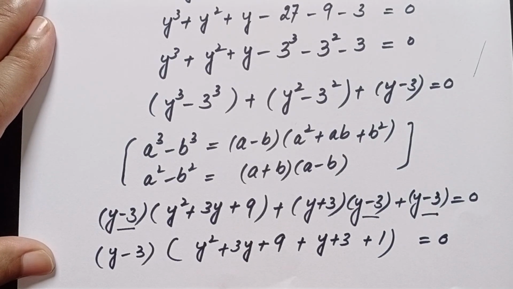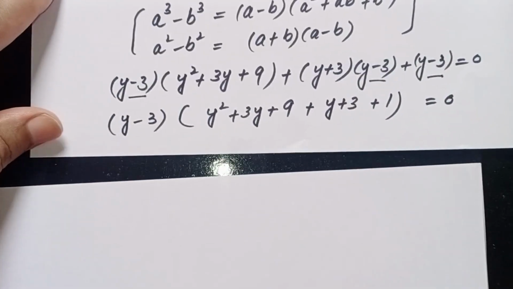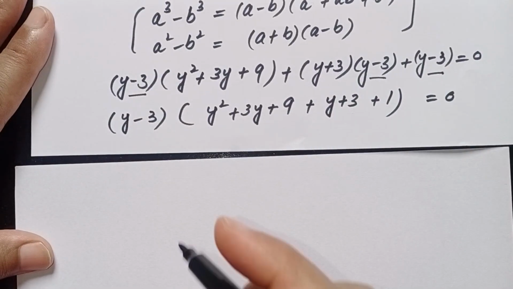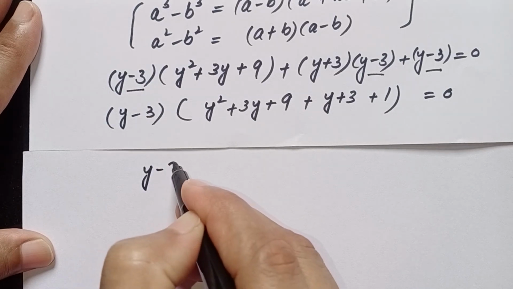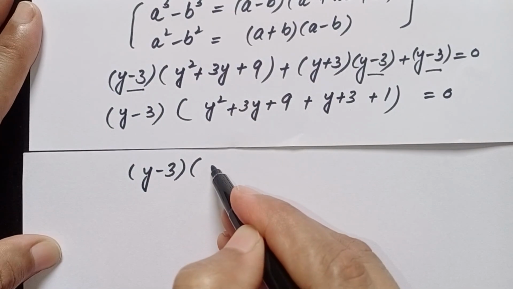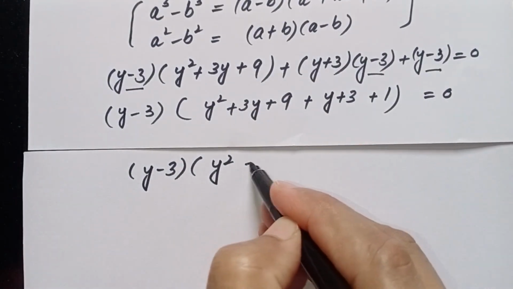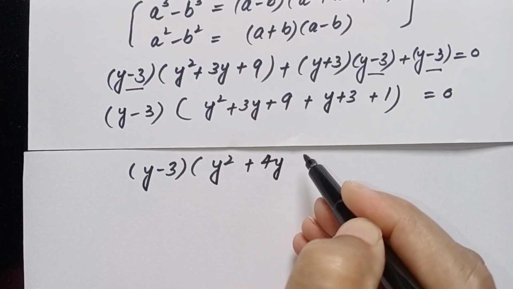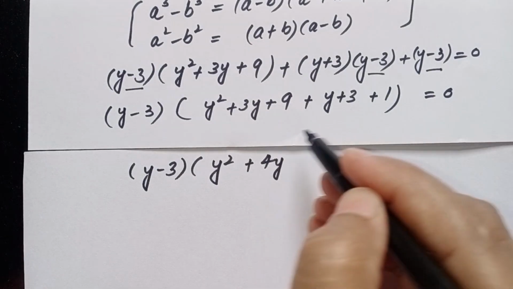So in the next step we will simplify it. y minus 3 times, here we will simplify this expression: y square plus 3y plus y is 4y, 9 plus 3 plus 1 is equal to 13.